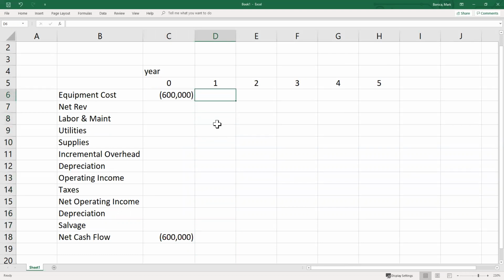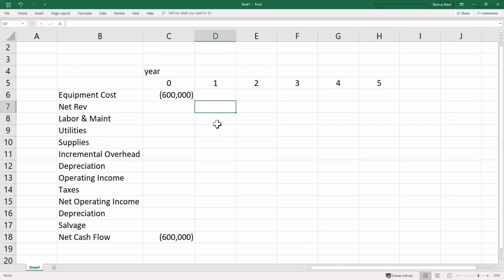Then in times 1 through 5, going forward, we won't have any additional equipment costs. So this is a relatively simple application. We do that one-time investment, then we're looking at net revenues.